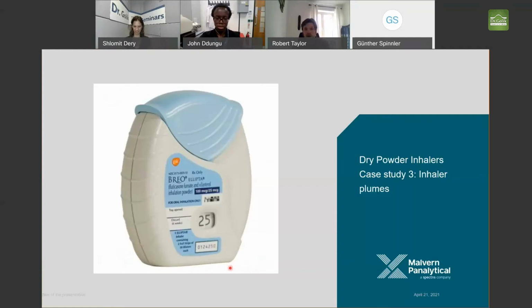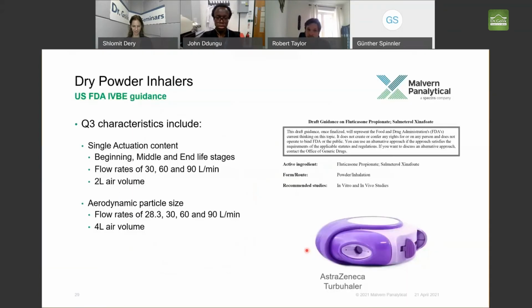Yeah, not too bad. So on to the next one, dry powder inhalers this time, and still we're looking at inhaler plumes, okay? But if you look at the guidance now, it's quite different to nasal sprays, because what we're looking at here is really what's the content of the actuation from the DPI device.